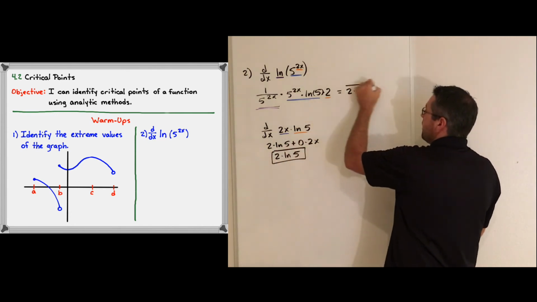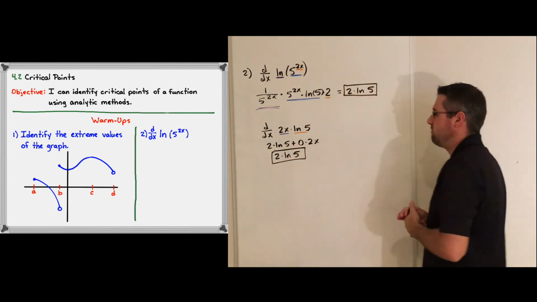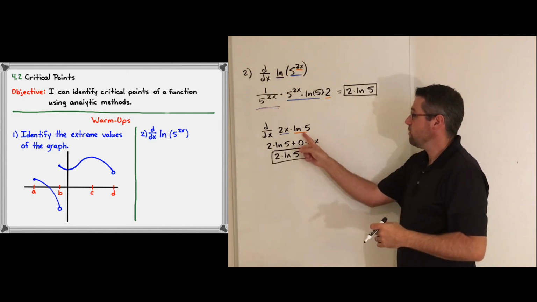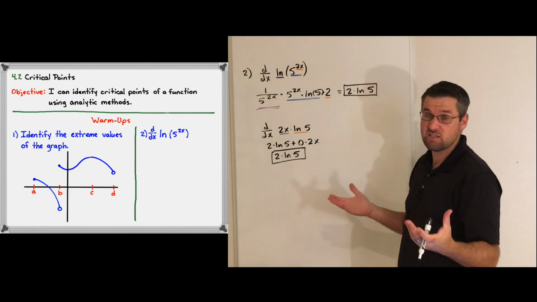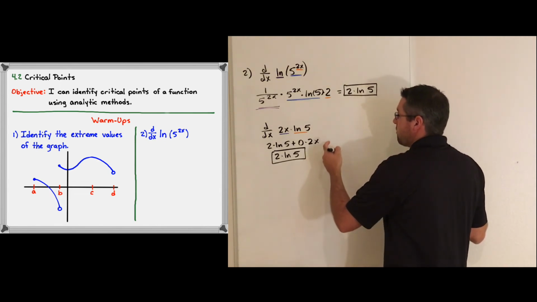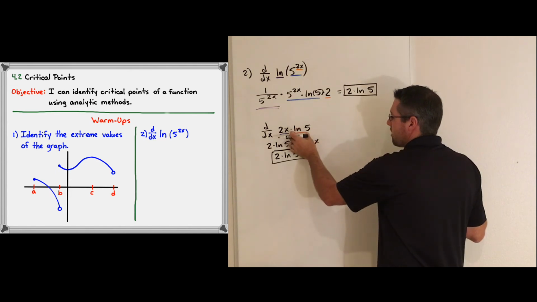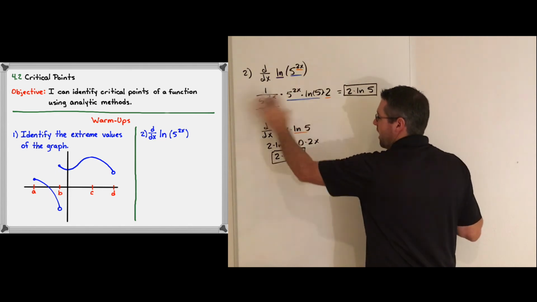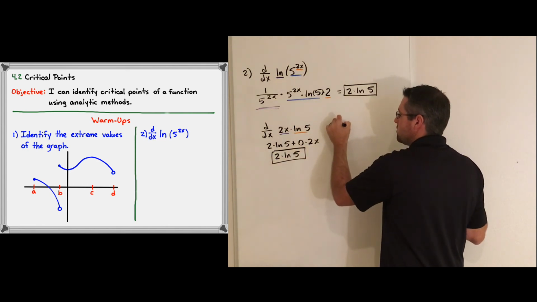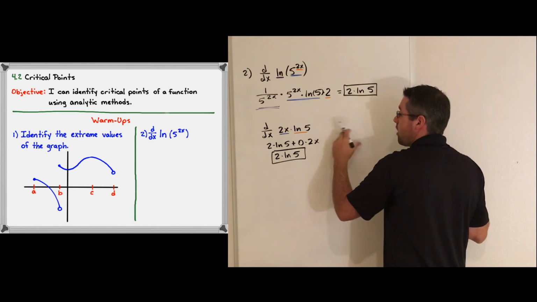Now, an even quicker way of looking at this problem is understanding that when I have natural log of 5, it's a constant, and I can just deal with that using the constant multiple rule. So if I were to take this natural log of 5, it's a constant, and move it out, I can look at it this way. Let me rephrase that. We can take the constants out.